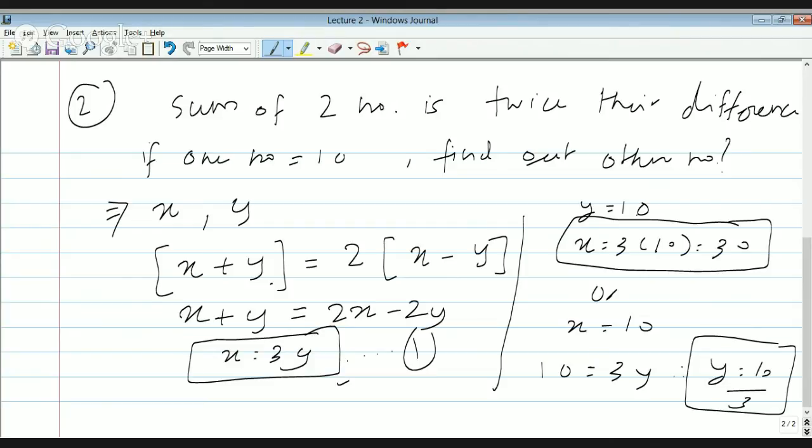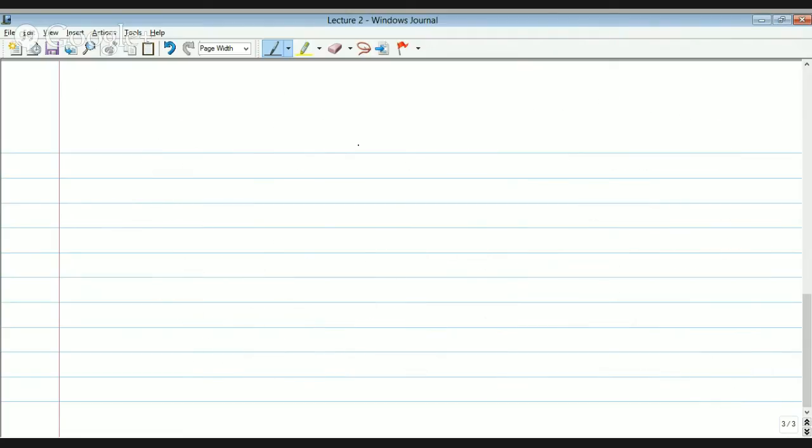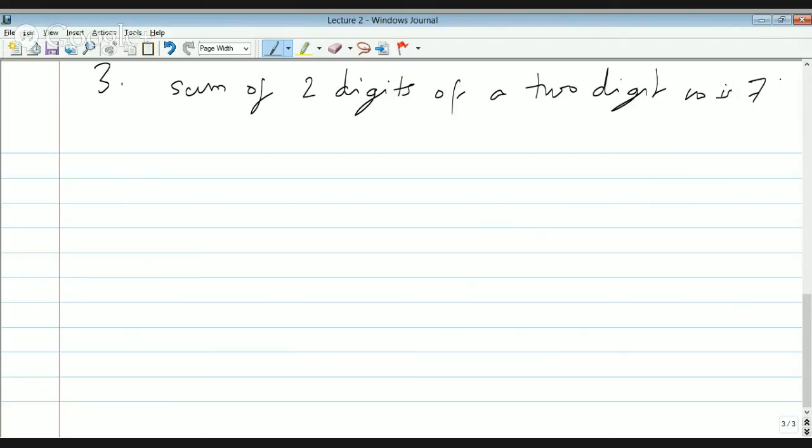Now let us take a little tougher question. In this question, we'll try to find it out. Suppose, let's take this question. If the sum of the two digits of a two-digit number is 7, this is the first part.